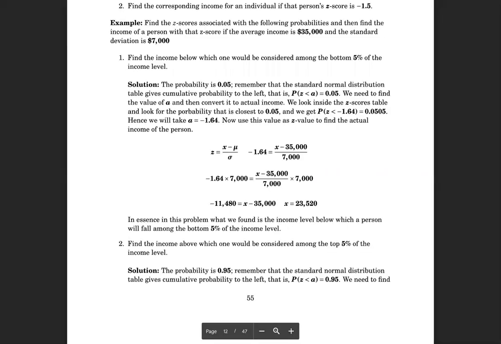Now, again, we start off with our standard problem that we have been dealing with, a mean of 35,000 and standard deviation of 7,000, okay? So let's do this problem. You have a data set, or you have a population, in this case you can think of, that has a mean of 35K and a standard deviation of 7K.